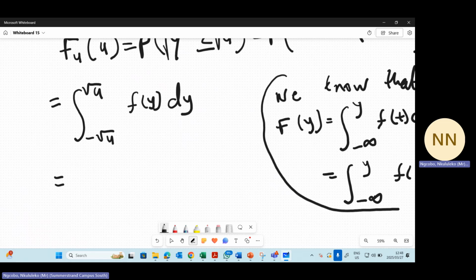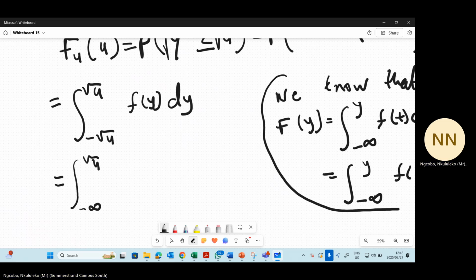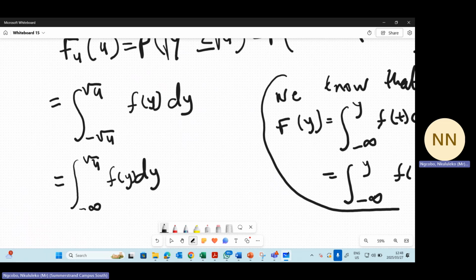This integral should be split into two. So this is the same as saying an integral from minus infinity to square root of u, f of y dy, minus an integral from minus infinity to now negative of the square root of u, f of y dy, right?